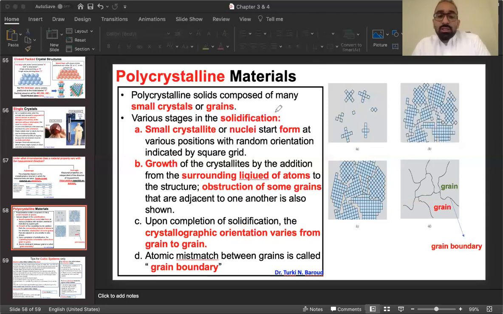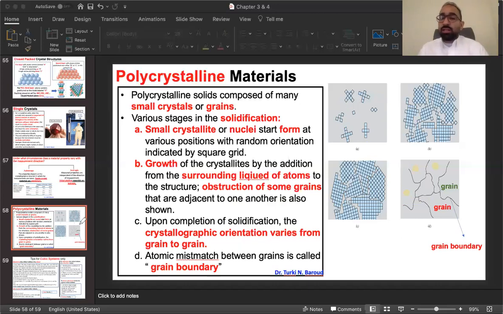Great. So that means now in polycrystalline material, we have single crystal, single crystal, single crystal, and the property will be the average of all the single crystals that you have here. This is called polycrystalline material.